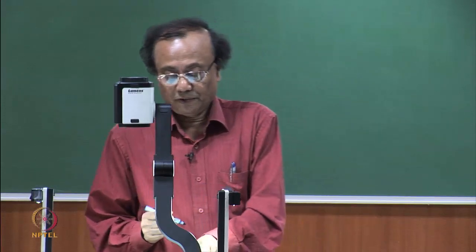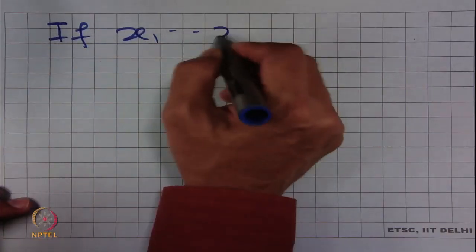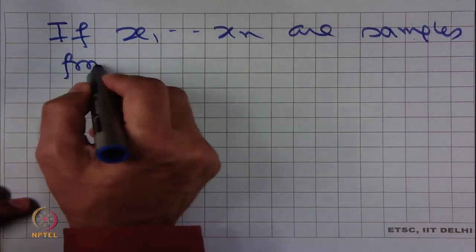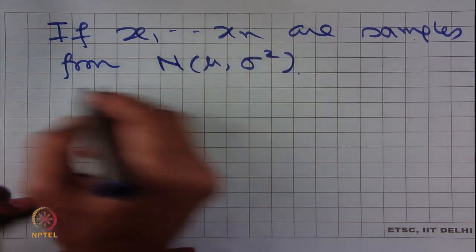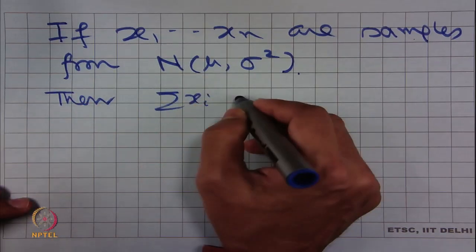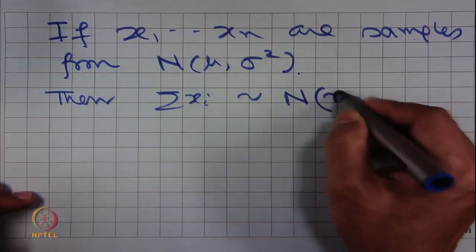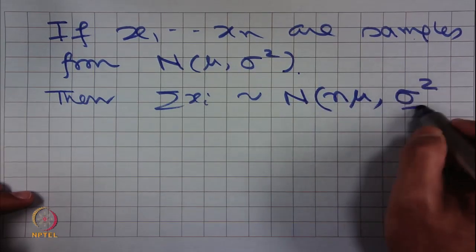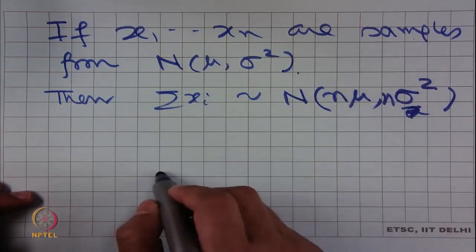So far what we have studied, that if x 1, x 2, x n are samples from normal distribution, then sum of x I is normal with mean equal to n mu, and variance equal to n sigma square.